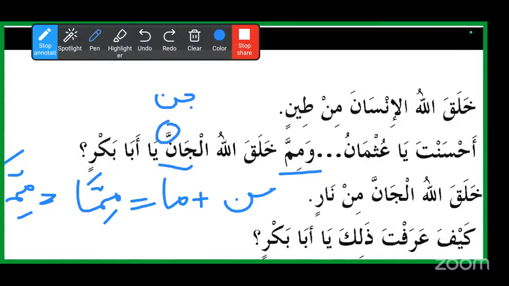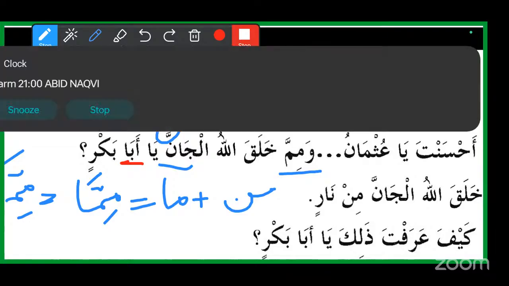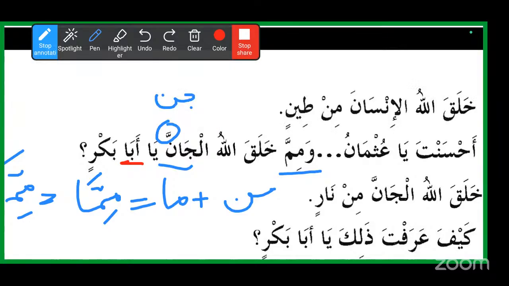Ya Aba Bakrin. Again the first part of Abu Bakr changed to Aba, and the second part Bakrin remains Bakrin, right? Ya Aba Bakrin, not Ya Abu Bakrin, not Ya Abi Bakrin, but when you say Ya, you say Aba Bakrin. Ya Aba Abdullah, Ya Aba Hasan, Ya Aba Hasanain, Ya Aba Qasim.